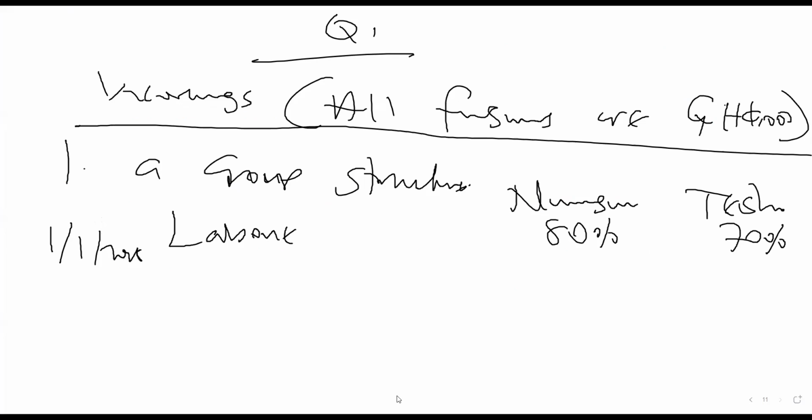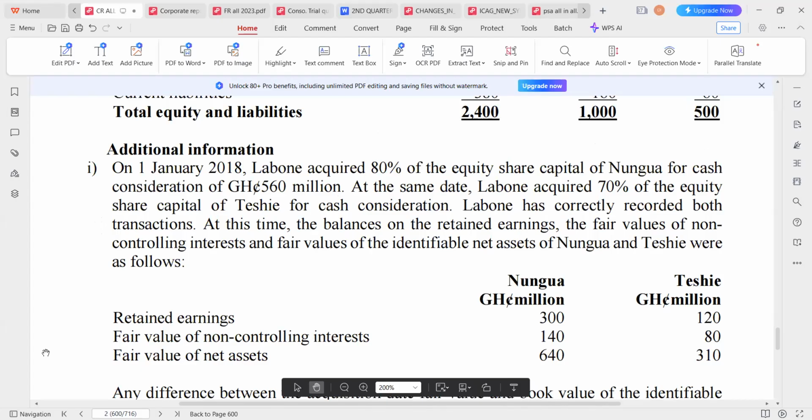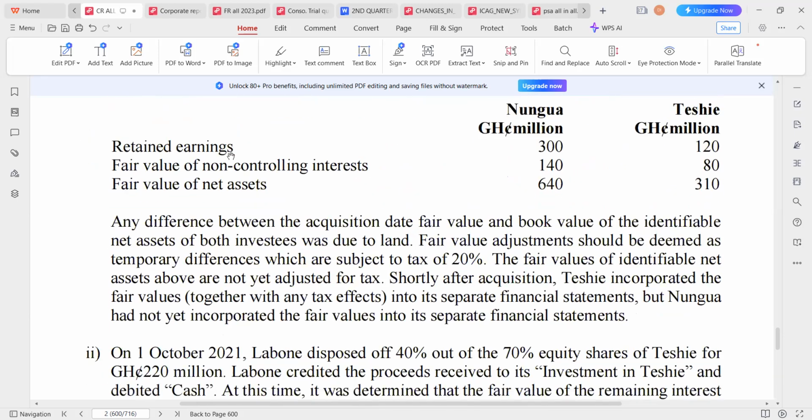Let's continue reading. You establish the tone. All these are acquisition stories.